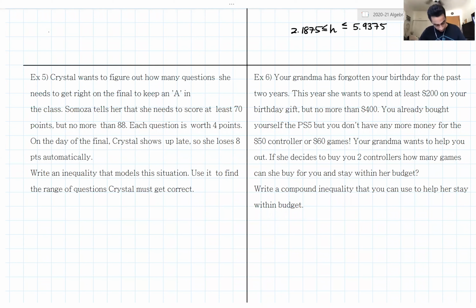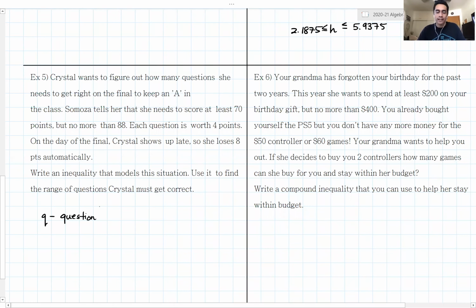Q for questions, right? That's a good one. And why not more than 88? Because at that point it's overkill. You don't really need to answer any more questions after that because you've already secured enough points.